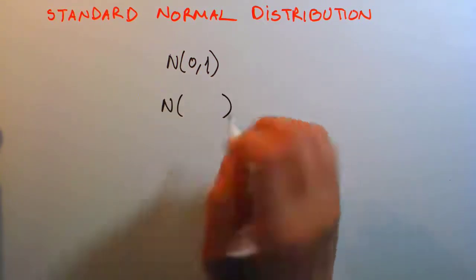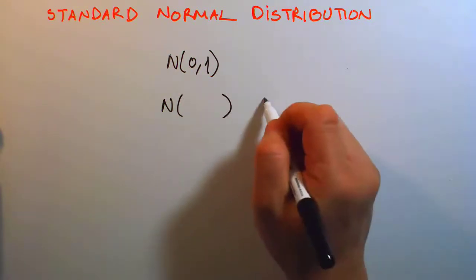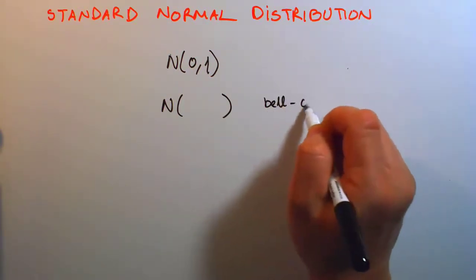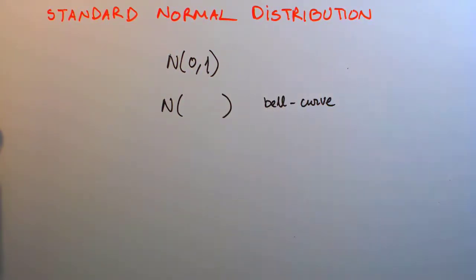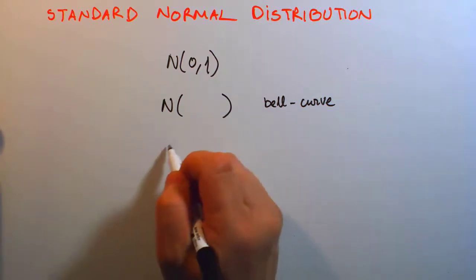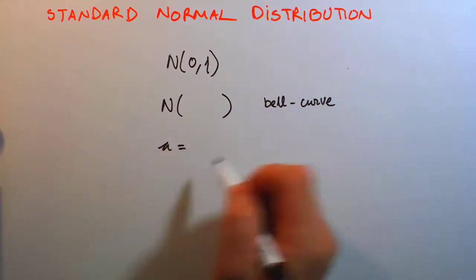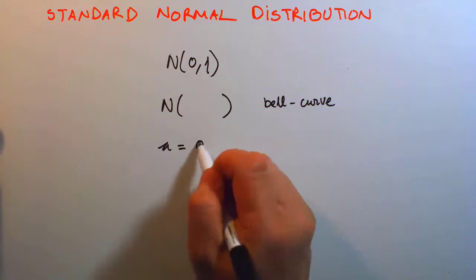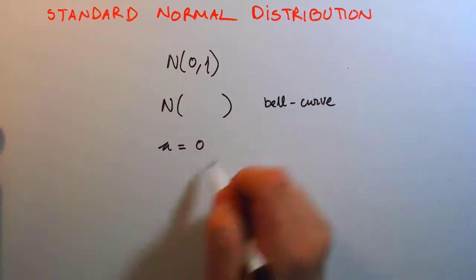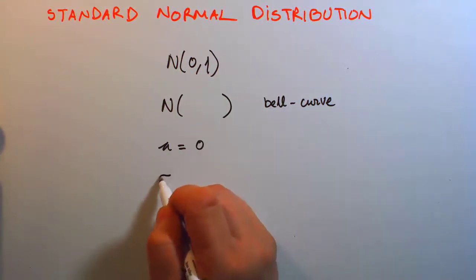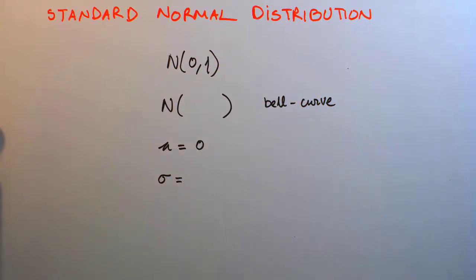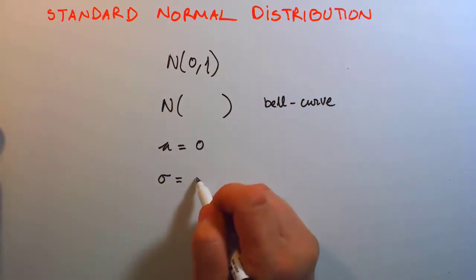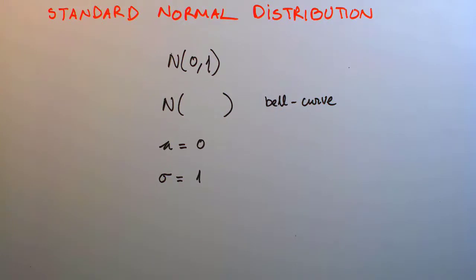This symbol means a bell-shaped curve. But it also requires that the mean is precisely given at 0, and the standard deviation is required to be 1.